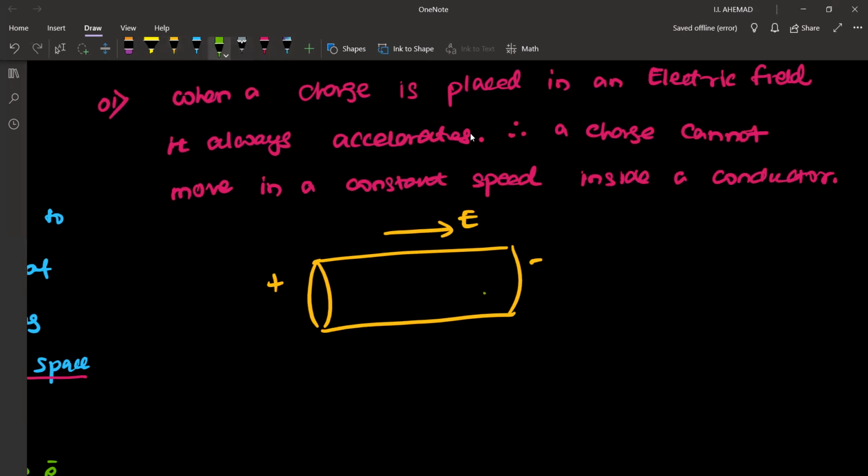Then the negative charge will move in this direction. It collides with a cation, and the velocity will start from a lower level. When it increases up to a certain level, again it might collide with another cation.